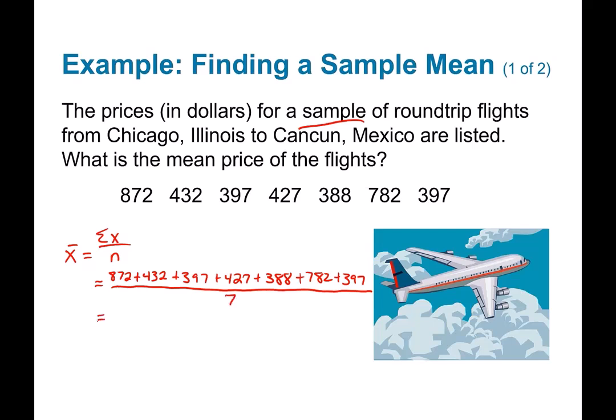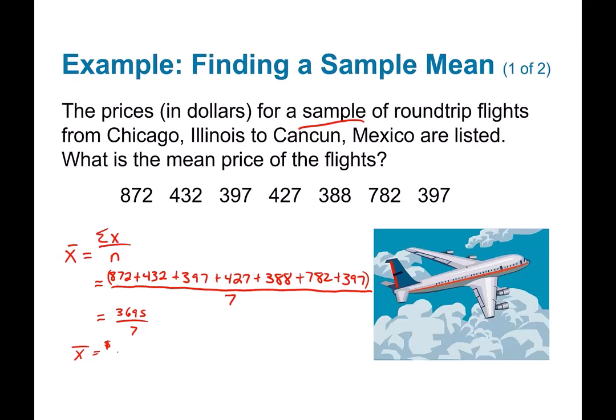And so when you calculate that, following order of operations, you can think of it as if there were a set of parentheses around that numerator. So add up all of those numbers in the numerator first. You get 3,695 divided by 7. So you end up getting a sample mean, and I'm going to round to 2 decimal places since we know we're talking about prices.